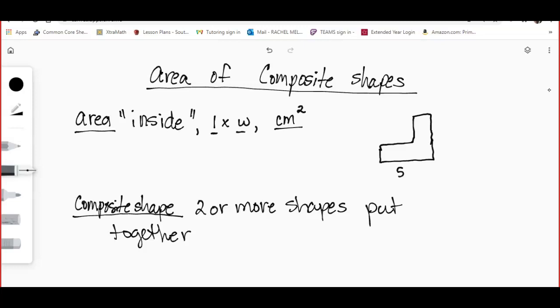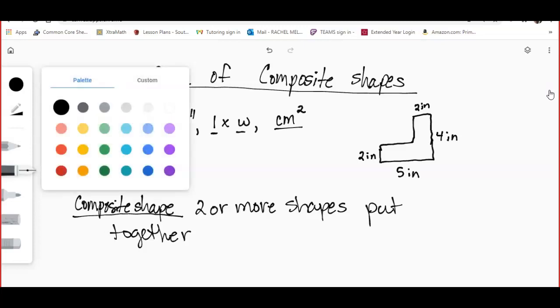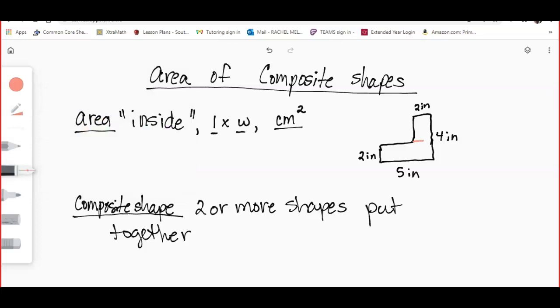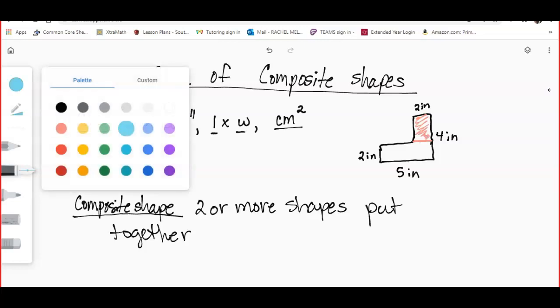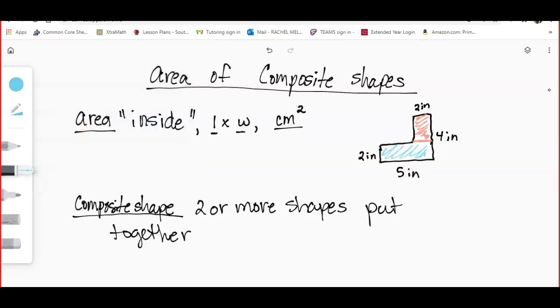So let's say that this is 5 inches, and this is 2 inches. This one is also 2 inches, and then this one is 4 inches. Okay, if I decide to cut this shape right here, and I'm dealing with this shape, and then I'm dealing with this shape, I need to start looking at my side lengths, my length and my width.